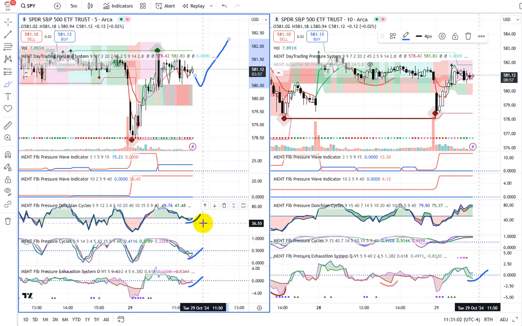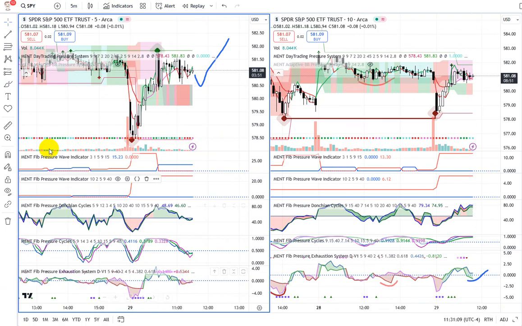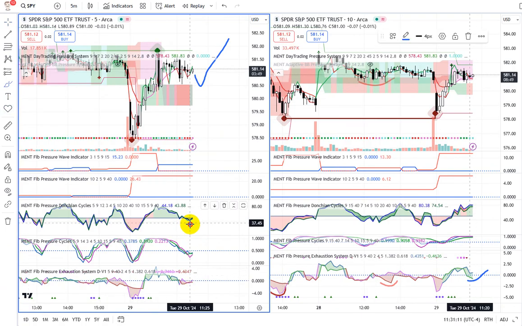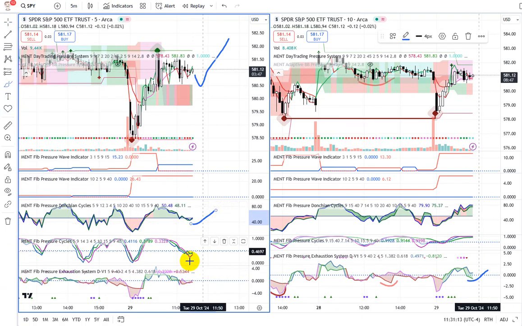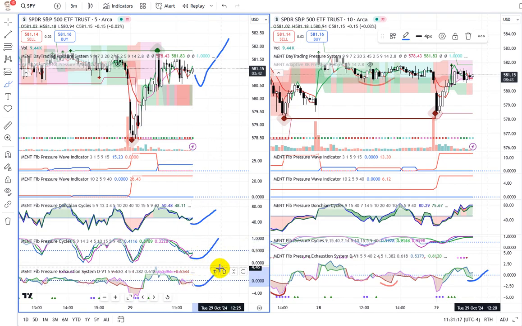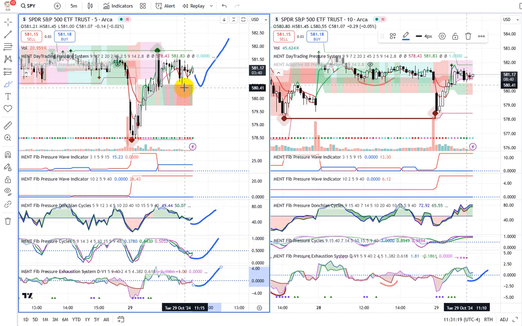And what that would look like down here would be pretty much this. A nice little rotation, then out, a nice little rotation, then out, and a nice little rotation, then out. As long as we stay above these ultimate and unique 382 levels right here, we've got dominant bullish trending.